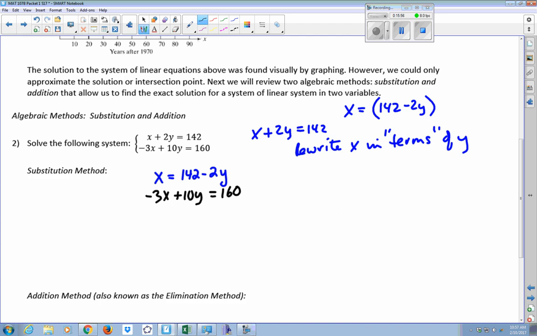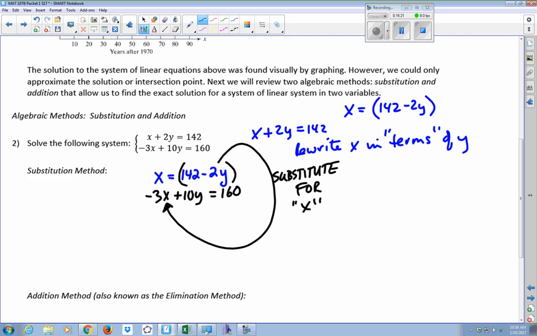But now you have the ability to rewrite the second equation by taking x, which is now defined as 142 take away 2y, and substituting that in where you see x in your second equation. So you substitute for x. And I'm going to keep that blue so you can see how it works.